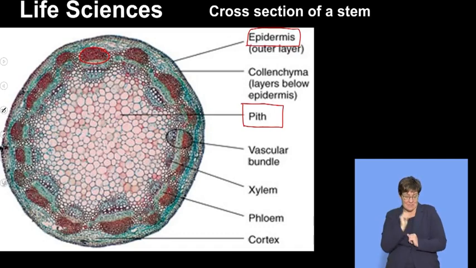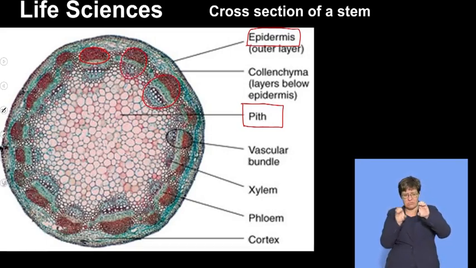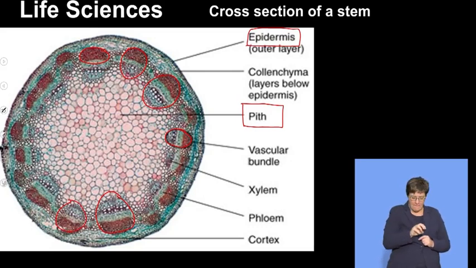Then we were a little bit confused by all the different cells with thick walls. Now, if we look at that pattern, you see there are a whole lot of those, and those are all vascular bundles. You can see all the way around near the outside, there are a whole lot of these vascular bundles, and that is where the xylem and phloem is found.